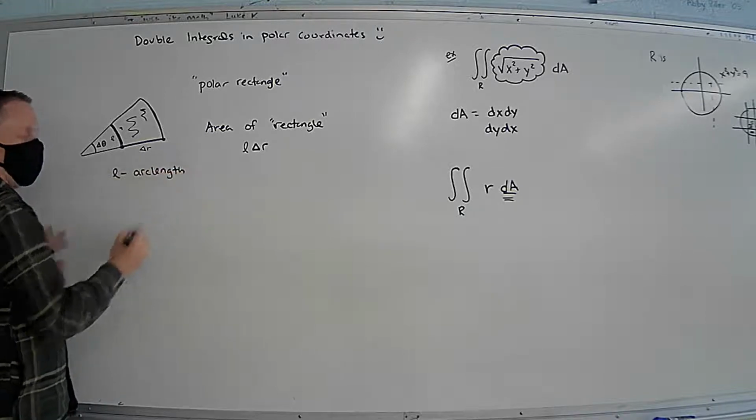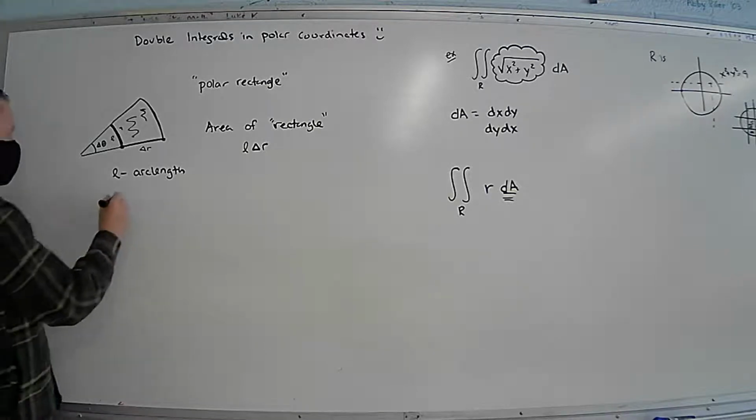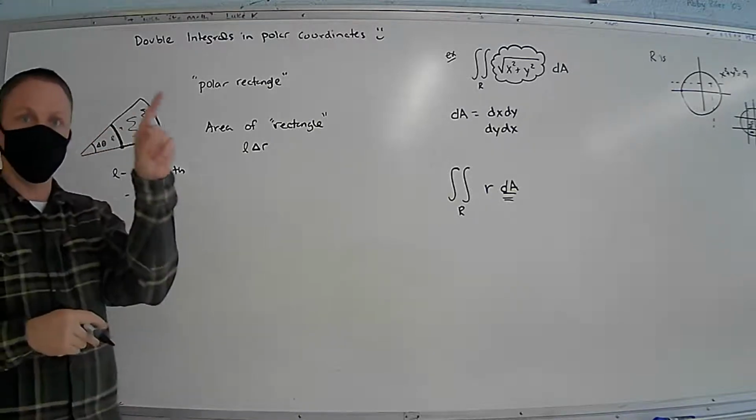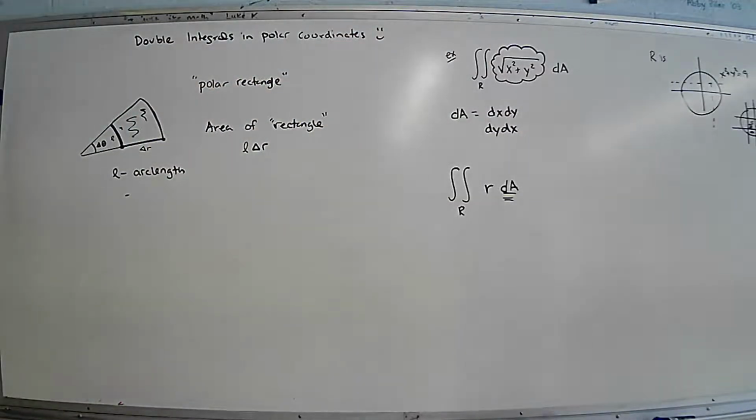And if you remember, maybe you've forgotten, the length of an arc with an angle swept out of theta is equal to R times the angle.